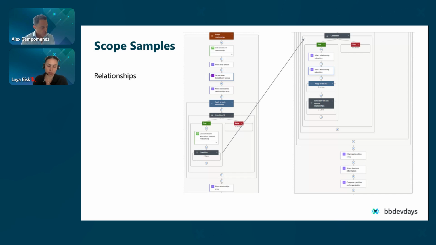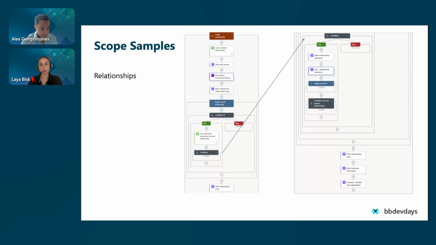So in Razor's Edge, if I have a brother and a mother and a cousin, it's going to go through and find those three in the initial relationship call. And then it's going to store those relationships in an array variable.